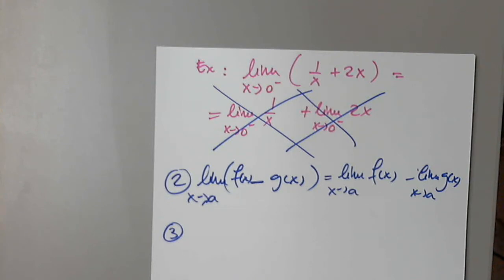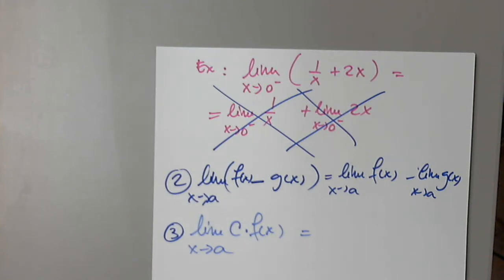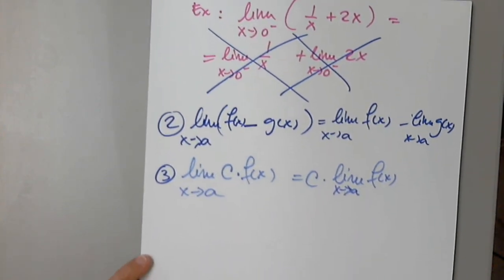Limit law number 3. Limit of a constant c times a function f. What do you think this will equal to? Exactly. Great job. C times the limit of f of x as x approaches a.